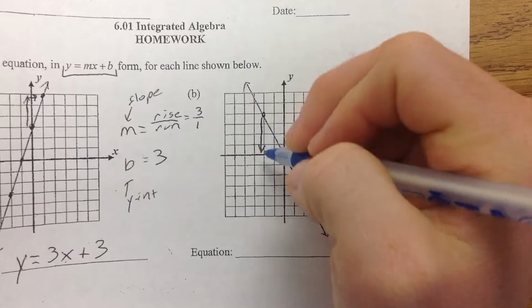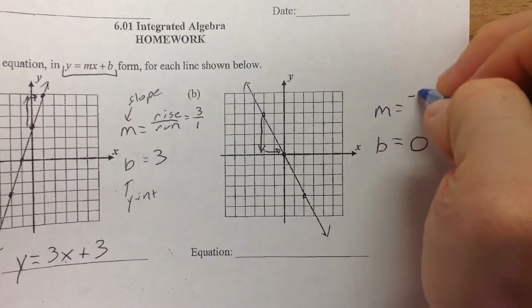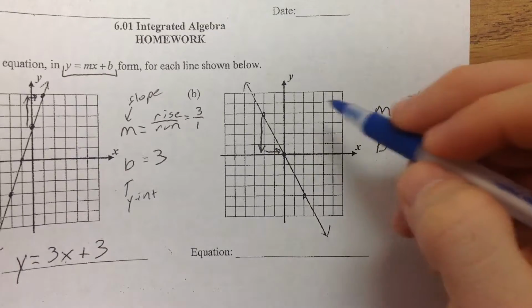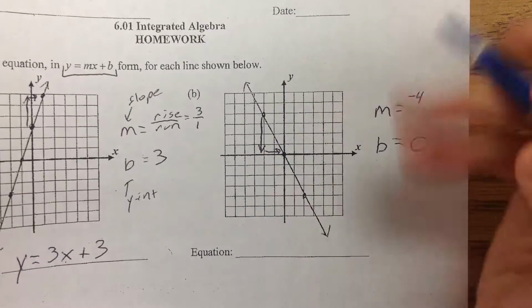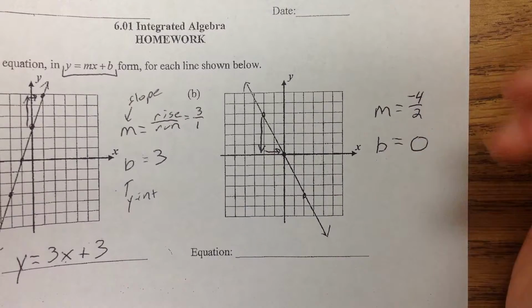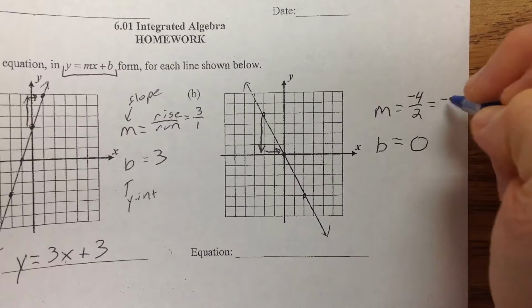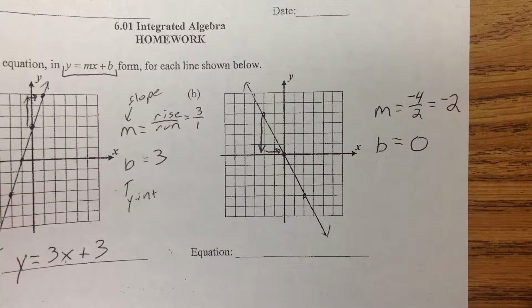I'm not going up 4, I'm going down 4, which means it's a negative 4, and then I'm going over 2, so that's a positive 2. So negative 4 over 2, which I could also just write as negative 2.